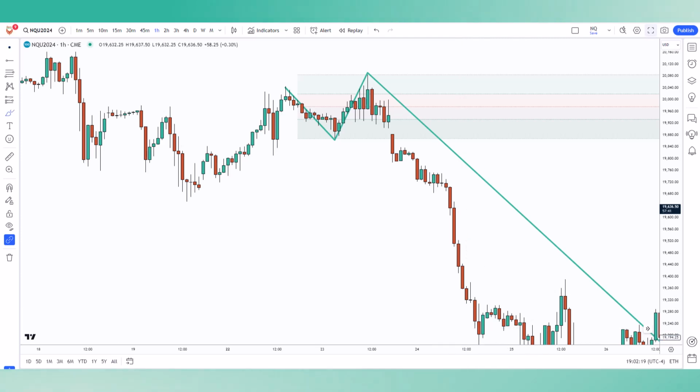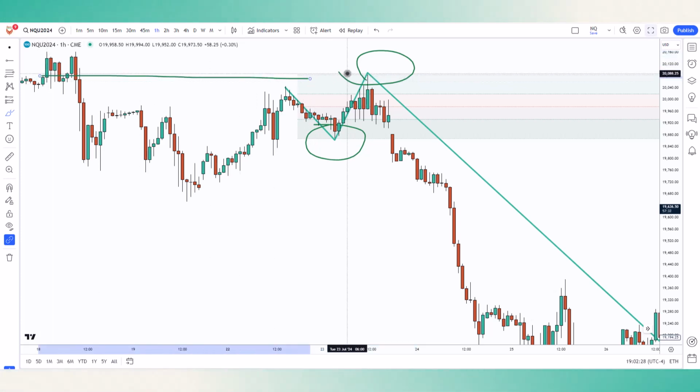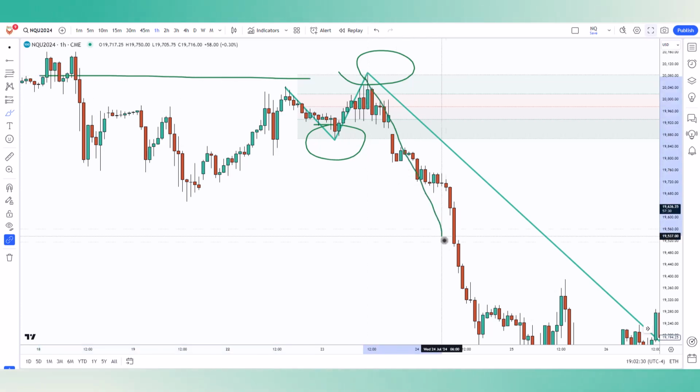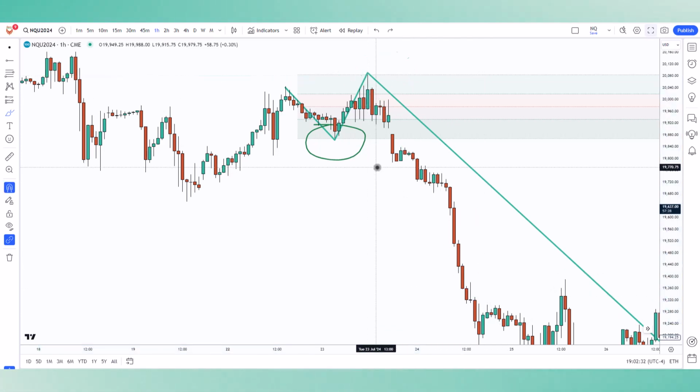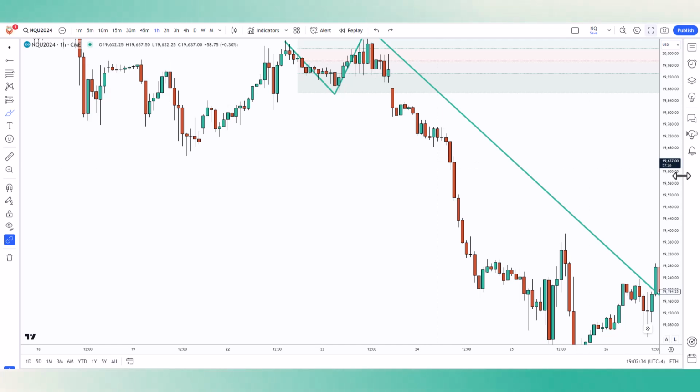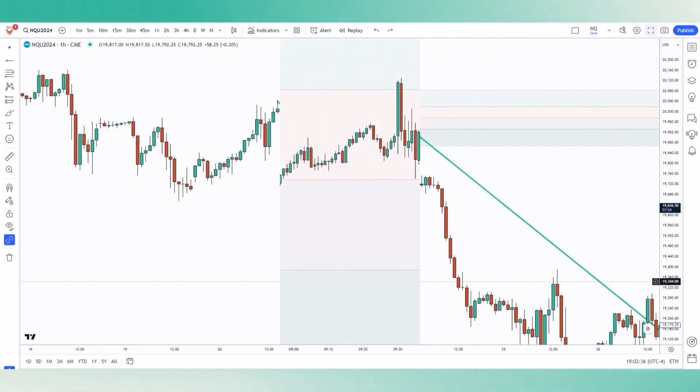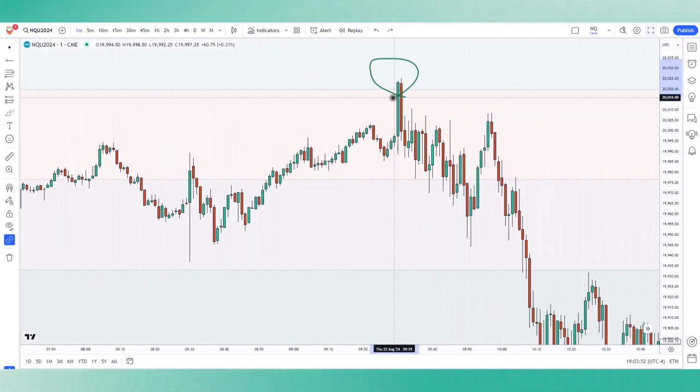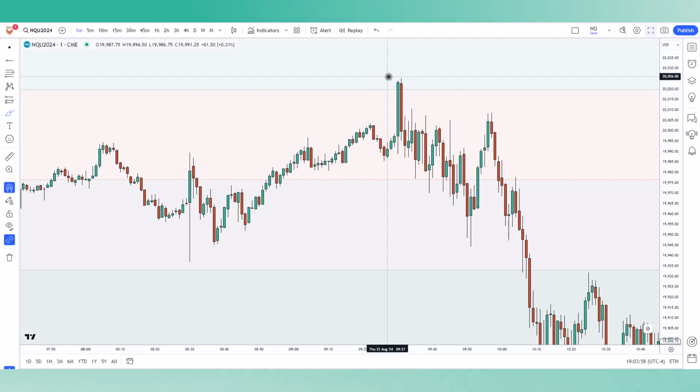So this swing in here that is responsible for mitigating the flip on the higher time frame and delivering all of that move, as you see, is unmitigated, right? This is where we tapped the 70% of that swing and this was the mitigation. What do we have in here?